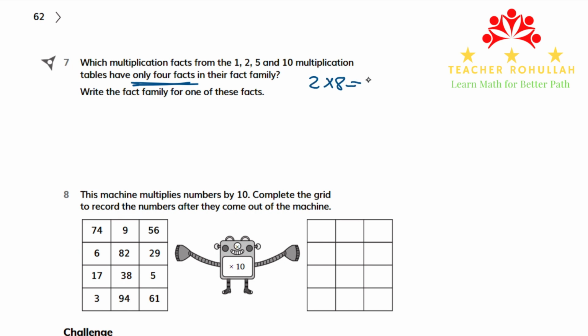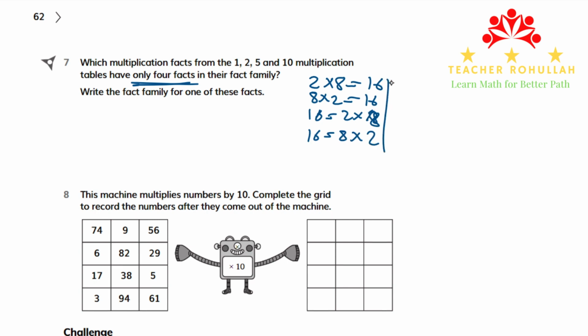2 times 8 is 16. 8 times 2 is 16. And 16 is equal to 2 times 8. 16 is equal to 8 times 2.